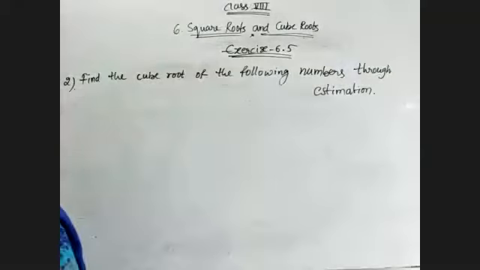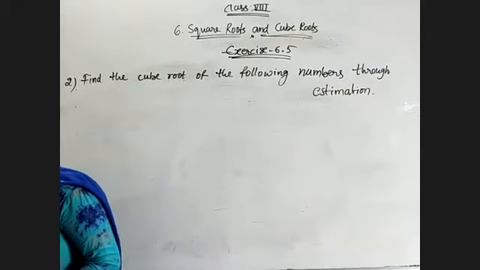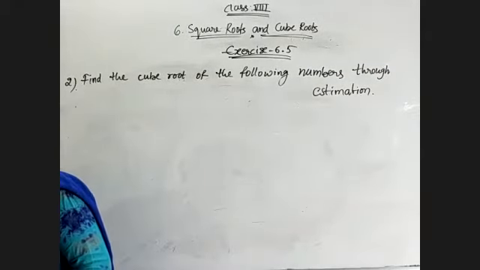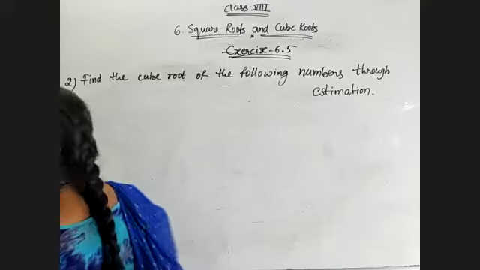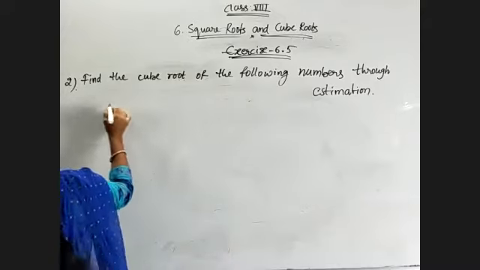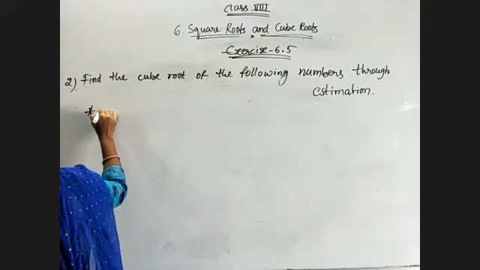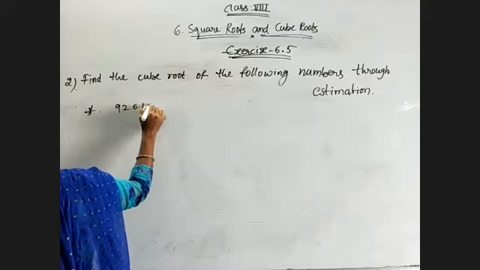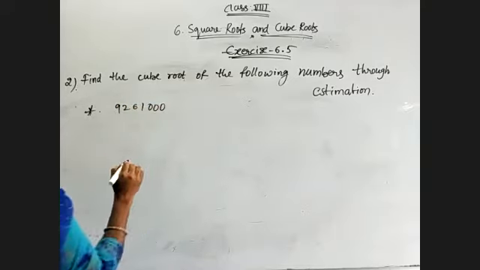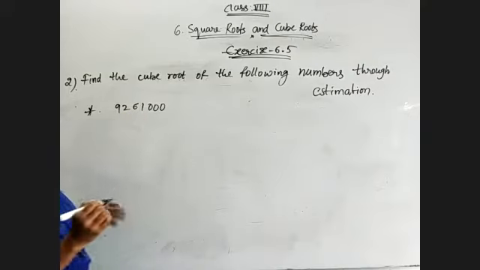That's why I'm giving extra problems now. If I have a number like this, I want to find the cube root of this number: 9, 2, 6, 1 and 3 zeros. Okay, like this I have one number.